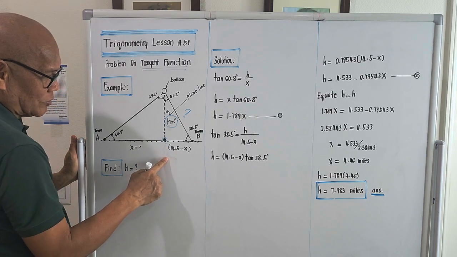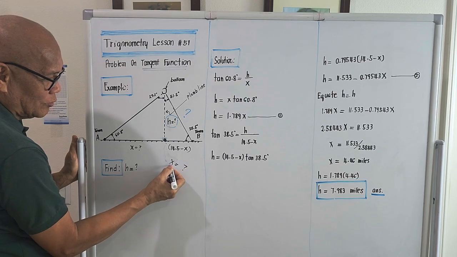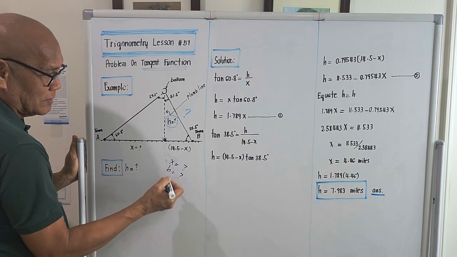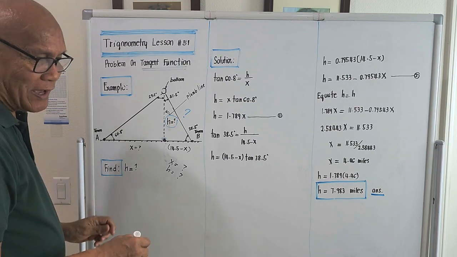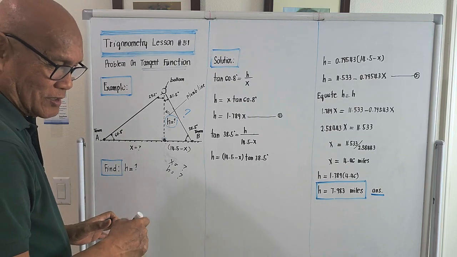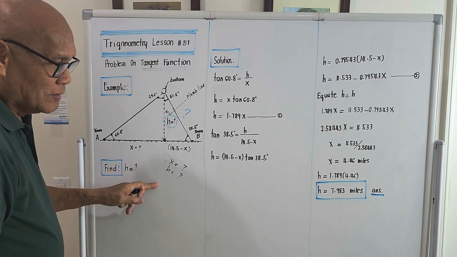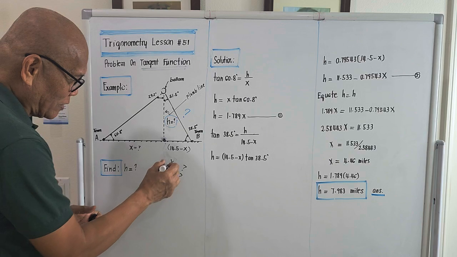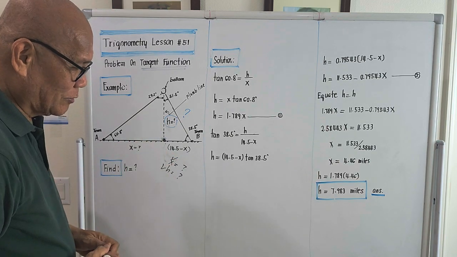For the meantime, we do not know the value of x or the value of h, so we must bring out two simultaneous equations to solve for x and h. We could solve first for x, so we could solve for h.